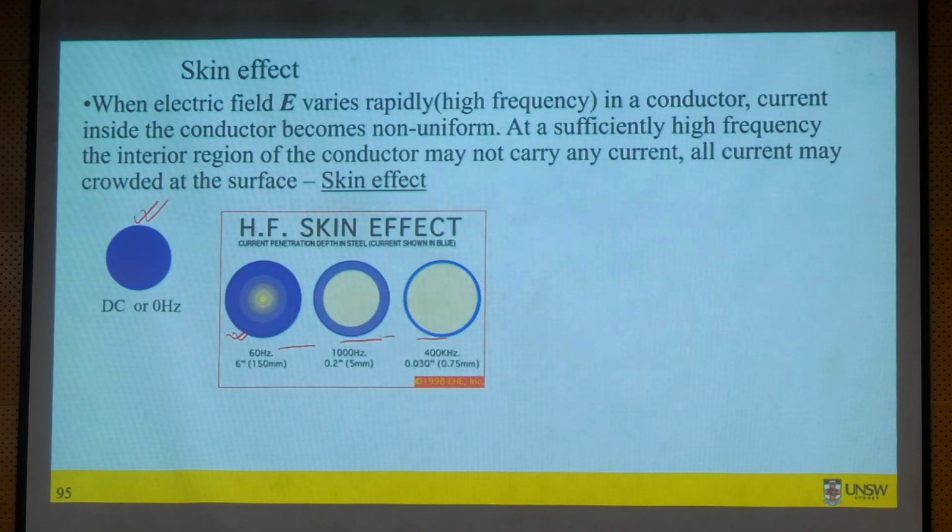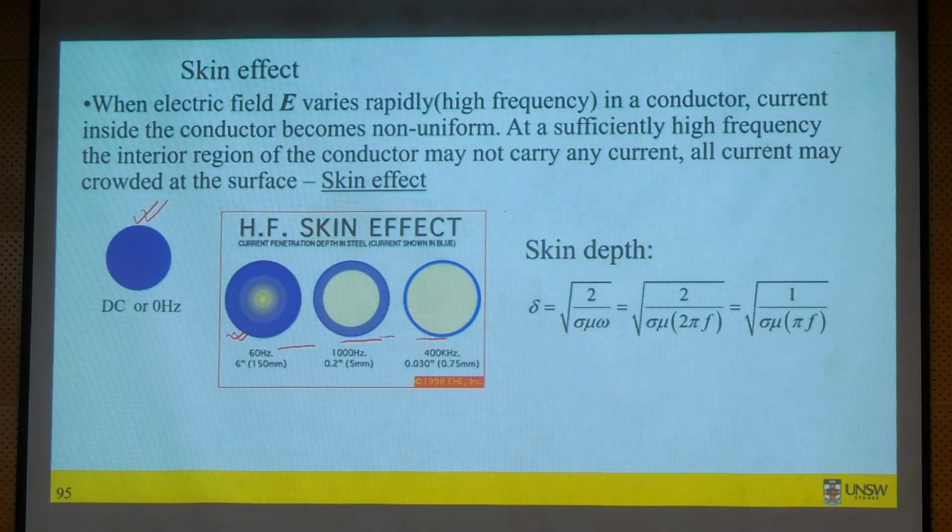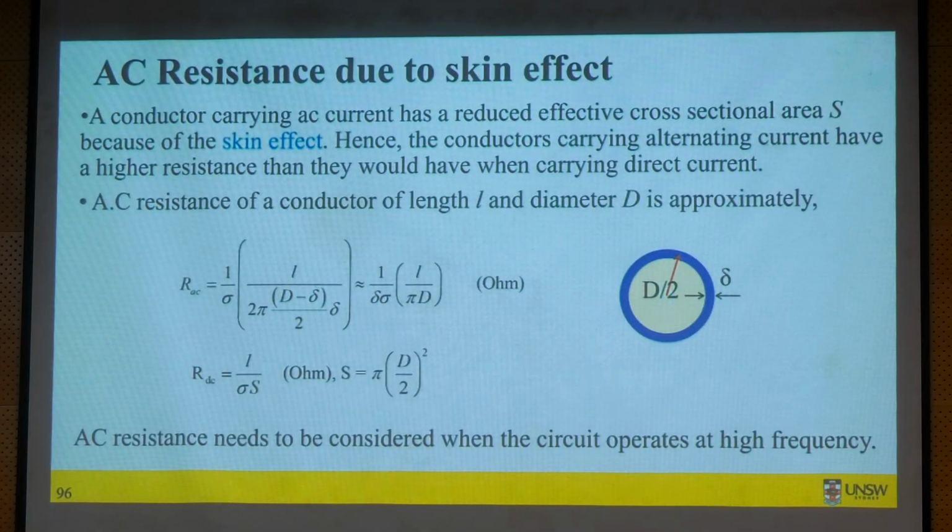So when it is non-uniform, the resistance that we usually estimate for a conductor using the length, cross-sectional area, and resistivity or conductivity, we can calculate resistance. So this resistance is DC resistance, and it does not account for skin effect.